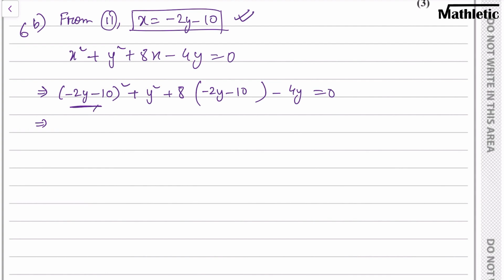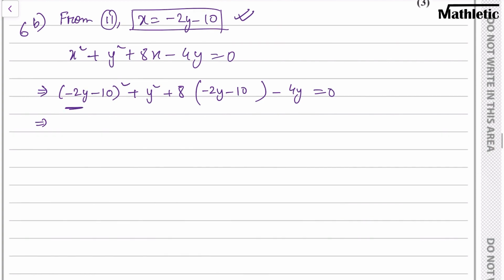Since we have negative signs over here, we can use the a minus b whole square formula, where a will be minus 2y, b will be plus 10. But instead of that I can actually just remove the negative signs to make things easier.